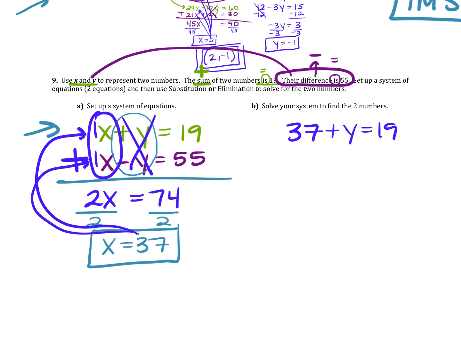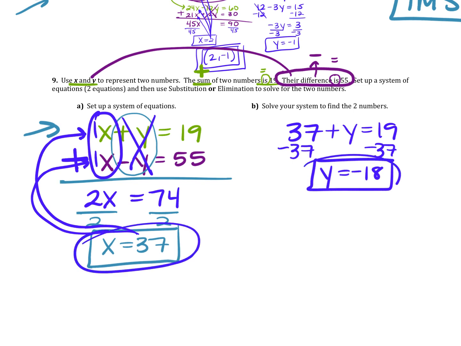We're going to take 37 away. So 19 minus 37 is a negative 18. So your two numbers are 37 and negative 18.